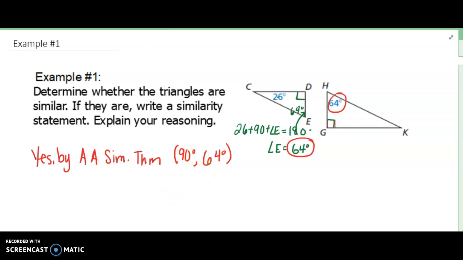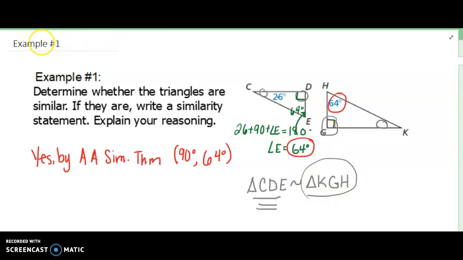Okay, and then to write a similarity statement, I can say that triangle CDE is similar to triangle, well, now angle C is the 26-degree angle, so this would be the 26-degree angle. D is the right angle, so I'd have to have the right angle here. And then 64 is E, so H is 64. Remember, the order of this one doesn't matter so long as the order of the second matches it.